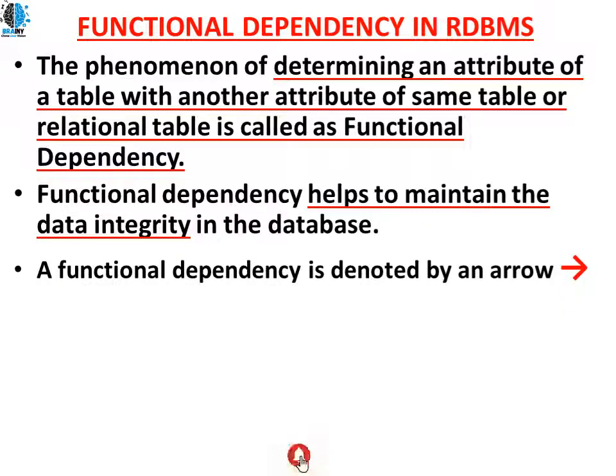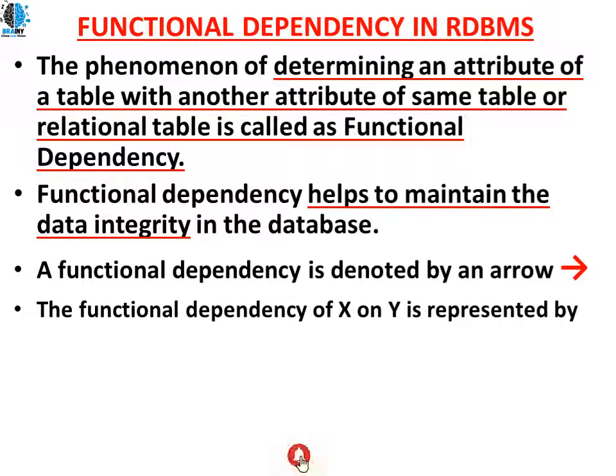A functional dependency is denoted by an arrow. The functional dependency x on y is represented by x, one attribute, and y, another attribute. So instead of taking the name of the attribute such as customer ID, customer name, I am taking just x and y.